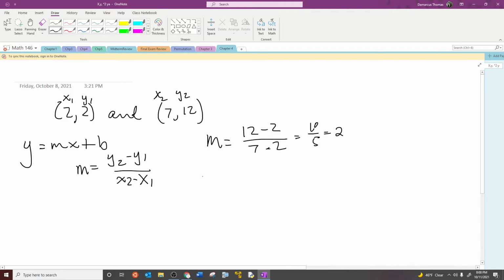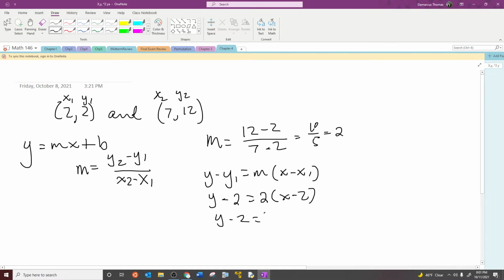Now we can go about this a different way and use the y minus y1 equals m times x minus x1 formula. So that's y minus 2 equals 2 times x minus 2, and solve for y. y minus 2 equals 2x minus 4, and now add 2 to both sides. It's a whole lot of 2's. y equals 2x minus 2.